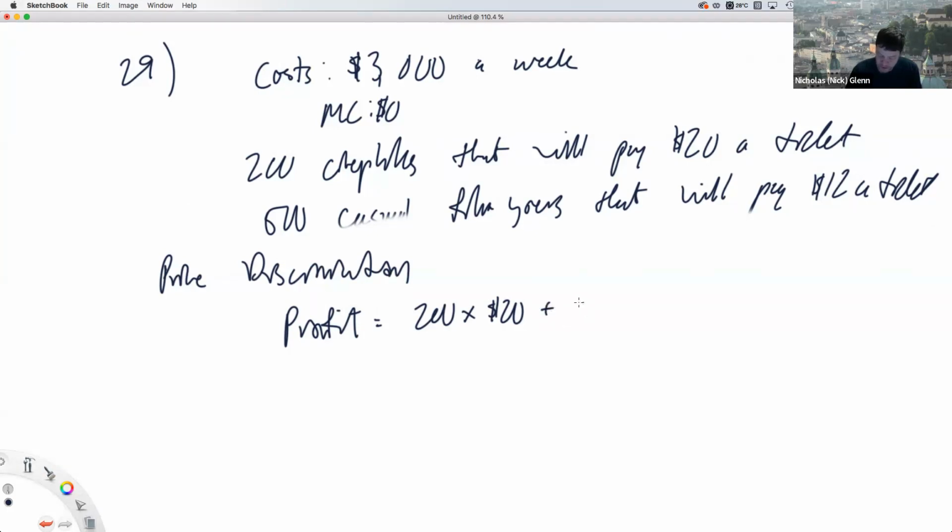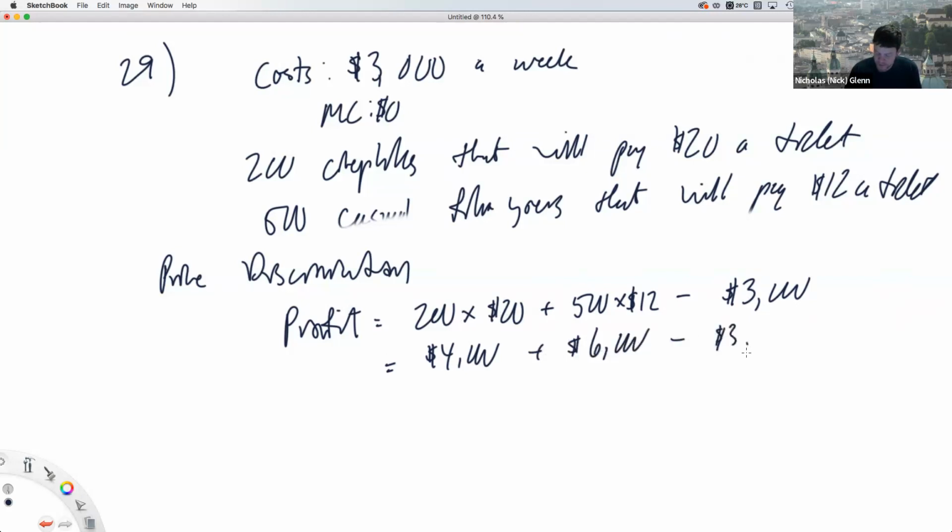In addition to that, every other time you charge $12 a ticket, and 500 people show up for that. Your costs are still the same at $3,000. And so you generate $4,000 from the cinephiles, $6,000 from the casual fans, take away $3,000, $10,000 minus $3,000, you have a profit of $7,000.